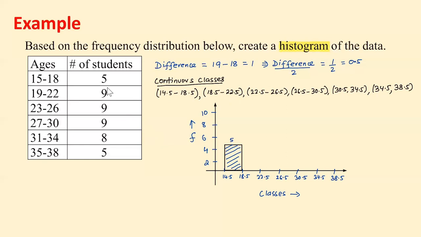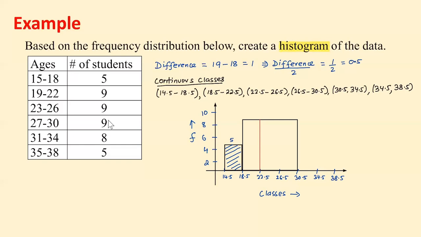Next class, in fact, next 3 classes you can see, we have the height of 9. So I'm going to create like that. There is the second class, third class, and fourth class. Okay, they are not looking that straight, so let me draw straight lines properly. Okay, that is the second class.